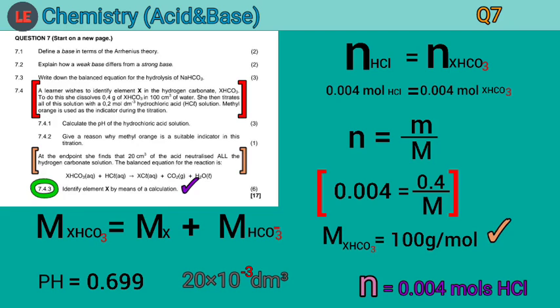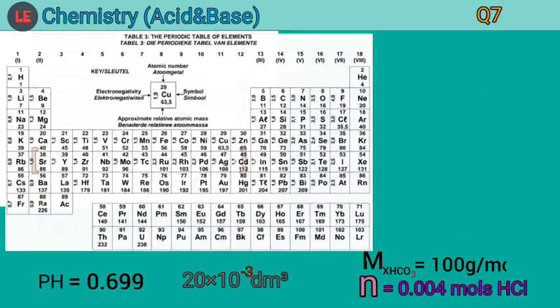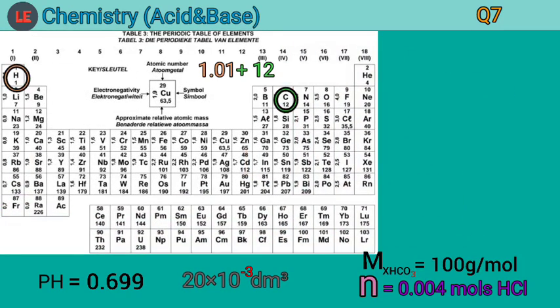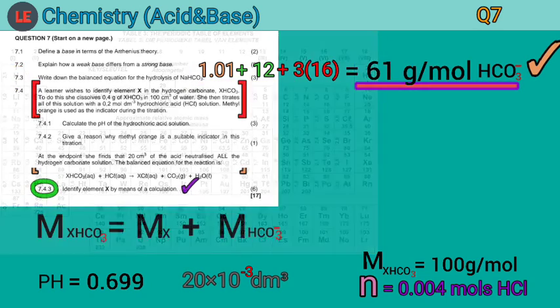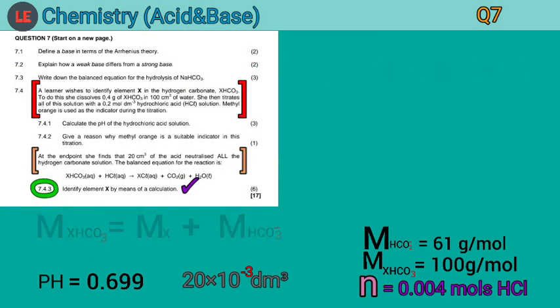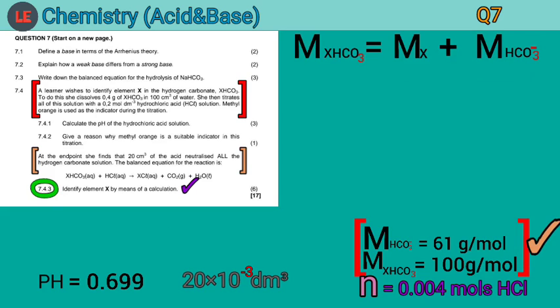Now we have the molar mass for this substance, let us find this one. We add the molar mass of each element together in this hydrogen carbonate using the periodic table, like so. We get its molar mass to be 61 grams per mole. As it is so, we take these both molar masses to substitute into this equation as so.